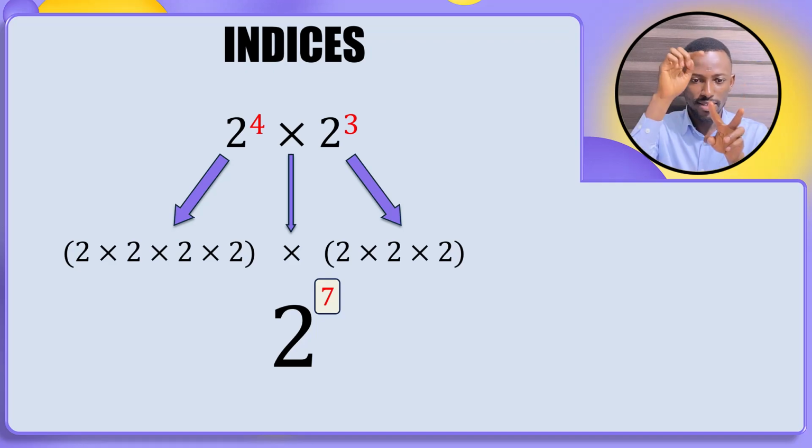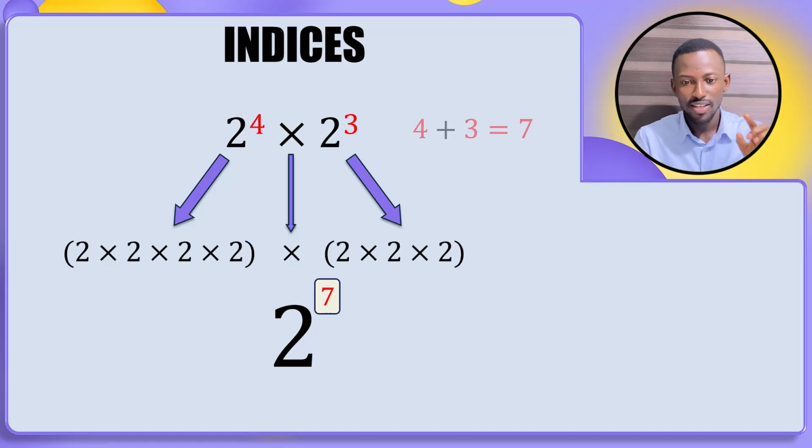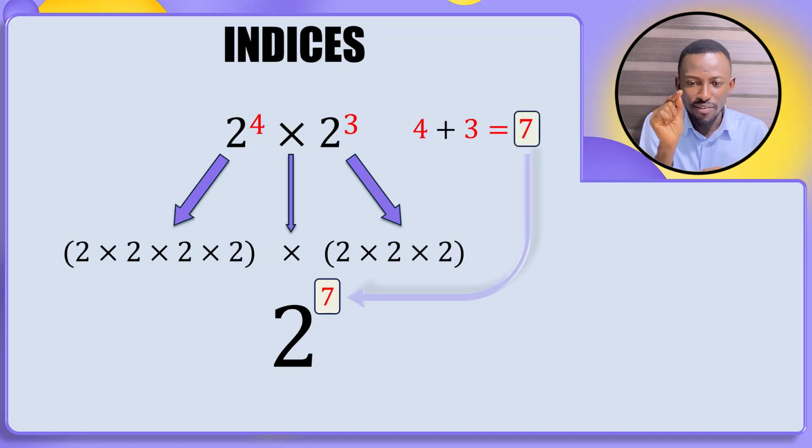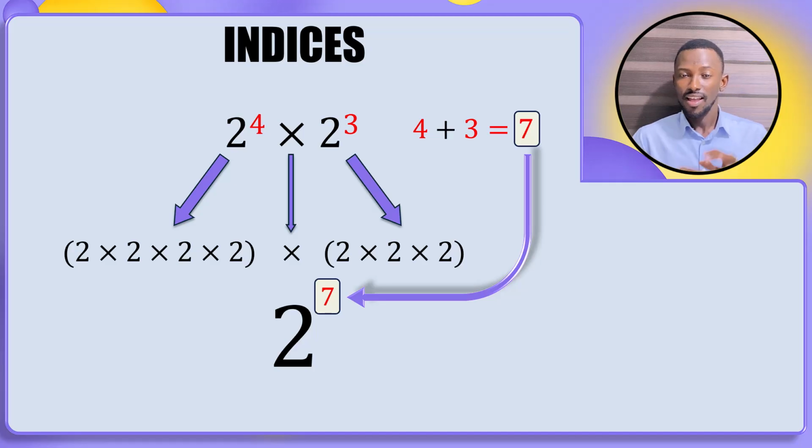Look at the numbers on top of the 2: there is 4 and there is 3. Imagine we add the 4 and the 3. 4 plus 3 gives us 7. Can you see that this 7 is the same as the 7 on top of the 2? I hope you see that, right?